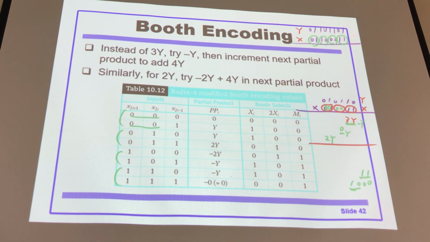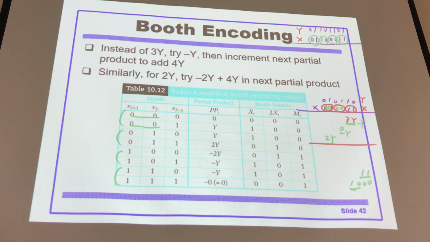On the right hand side, nothing here. There's nothing, so it must be here. Using minus y instead of 3y, because 3y takes longer to generate. 3 times multiply. But minus y is easier in terms of hardware representation, just using the complement representation to get the negative number.